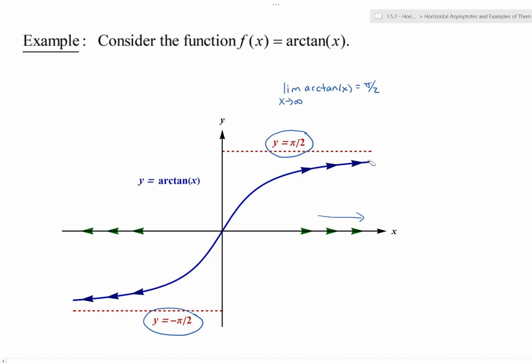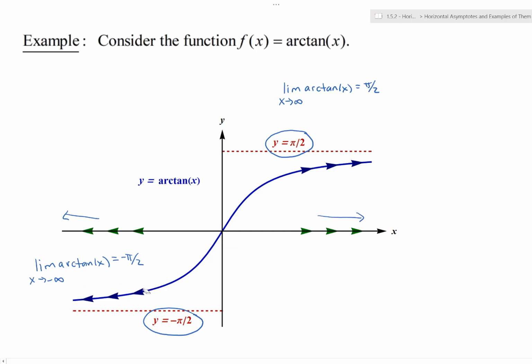And similarly, down there in the bottom left, we could write a statement that the limit as x goes to negative infinity of the arctangent function is equal to negative pi over 2. Again, that's because as x is going to negative infinity, the function is approaching this horizontal line, y is equal to negative pi over 2.